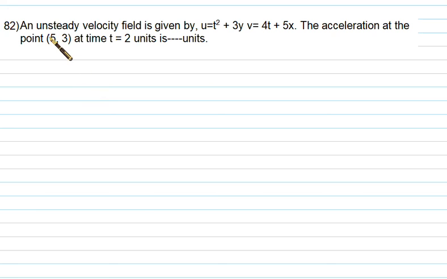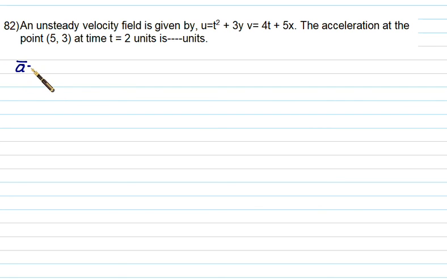An unsteady velocity field is given by u = t² + 3y, v = 4t + 5x. So we have two-dimensional flow. The acceleration at the point (5, 3) at t = 2, you have to calculate. So this time again we'll calculate the acceleration using the material derivative.